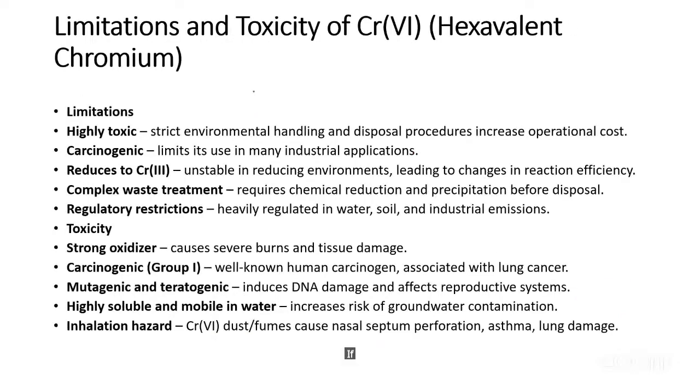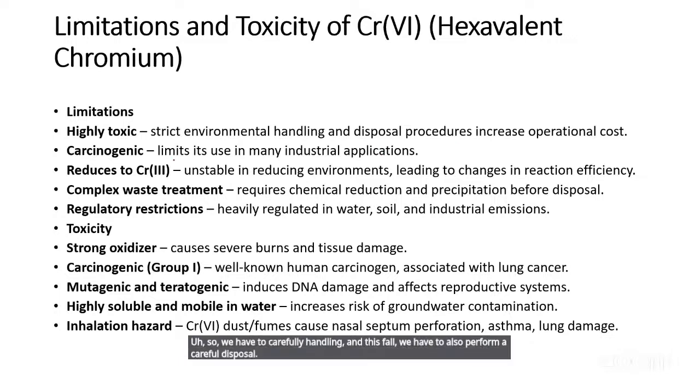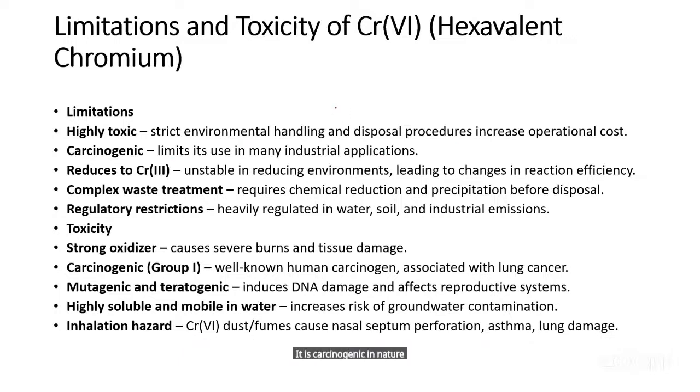If you look at chromium, hexavalent chromium is also highly toxic in nature. So we have to handle and dispose of it carefully. It is carcinogenic in nature, and hexavalent chromium is reduced to chromium 3.